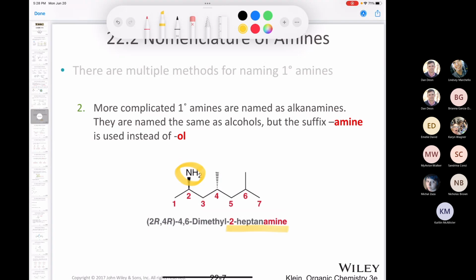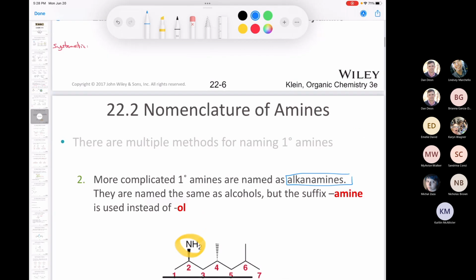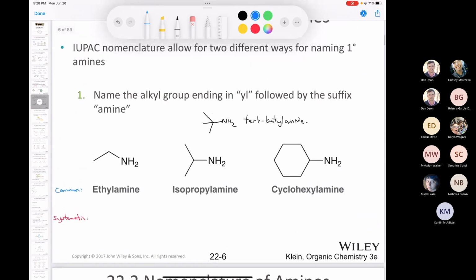Now, I just want to back up for 1 second. If you wanted to name those compounds on the previous slide as alkane amines, for the first one, for ethylamine, you would call that ethaneamine, right? The longest carbon chain is 2 carbons, and that's an ethane, so you would call it ethaneamine. This one, you have 2-propaneamine.